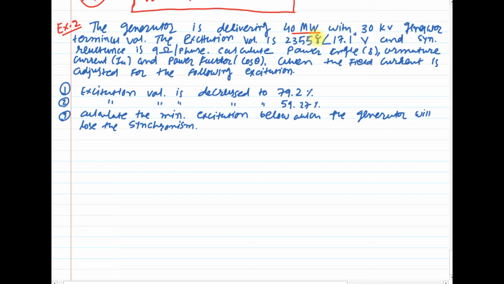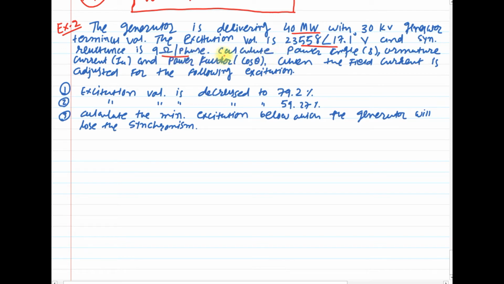So the generator is delivering 40 megawatt with 30 kV generator terminal voltage. The excitation voltage is 23558, which we derived in previous example case A, with an angle of 17.1 degree, and a synchronous reactance of 9 ohm per phase.